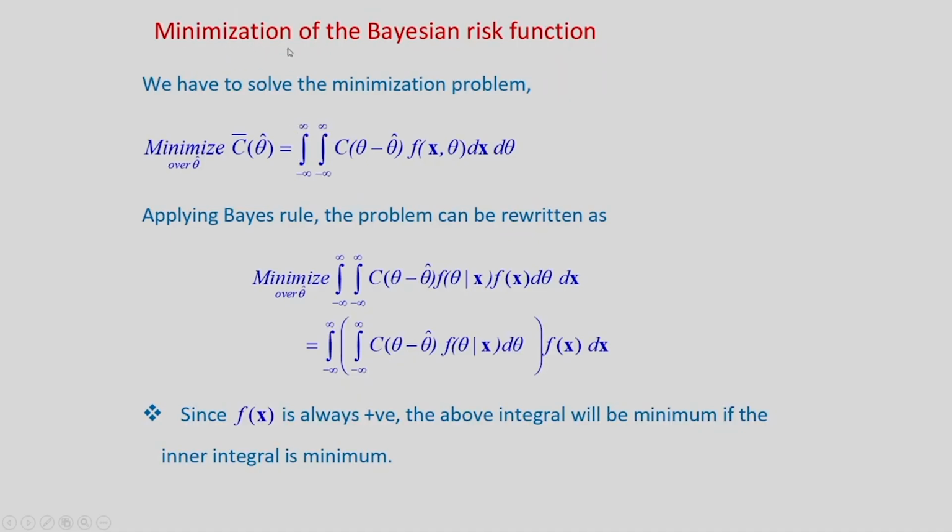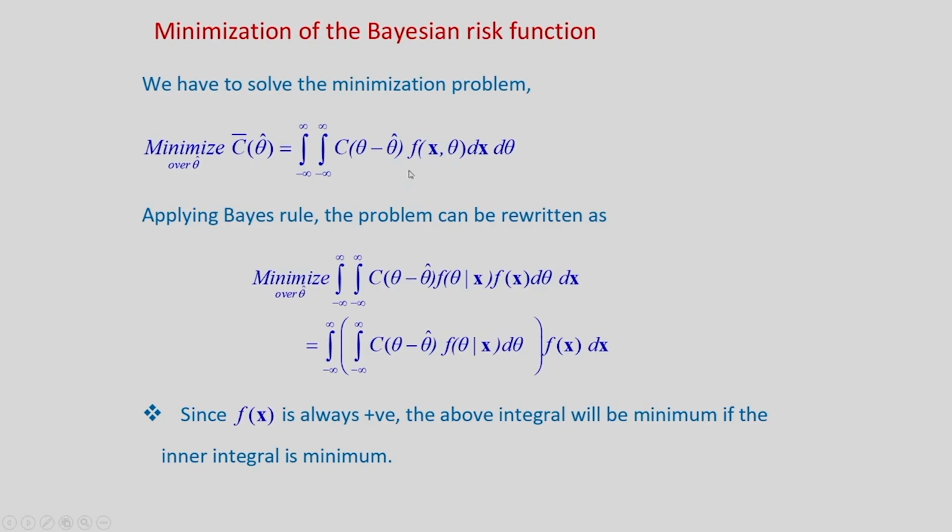Now, let us see how to minimize the Bayesian risk function. We have to solve the minimization problem: minimize over theta hat C bar of theta hat equal to the integration from minus infinity to infinity of C of theta minus theta hat into f of x, theta dx d theta. Now, we will apply the Bayes rule and express this joint PDF as a product of the prior PDF and the conditional PDF.